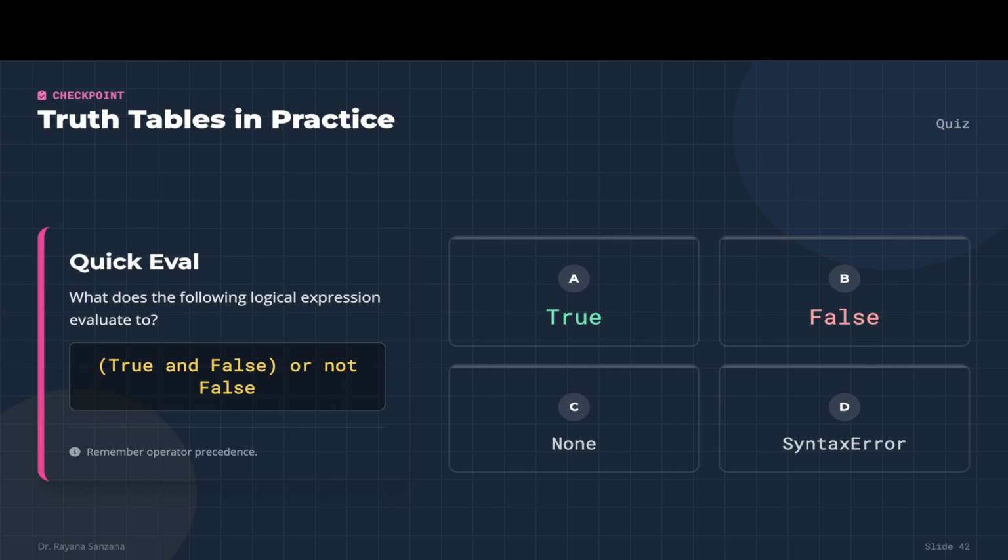Then for number 2, not has higher precedence than or. Not False results in True. False or True. Then the or evaluation: False or True results in True because or requires only one side to be true. So the final result would be True. So in this case, our answer is A.